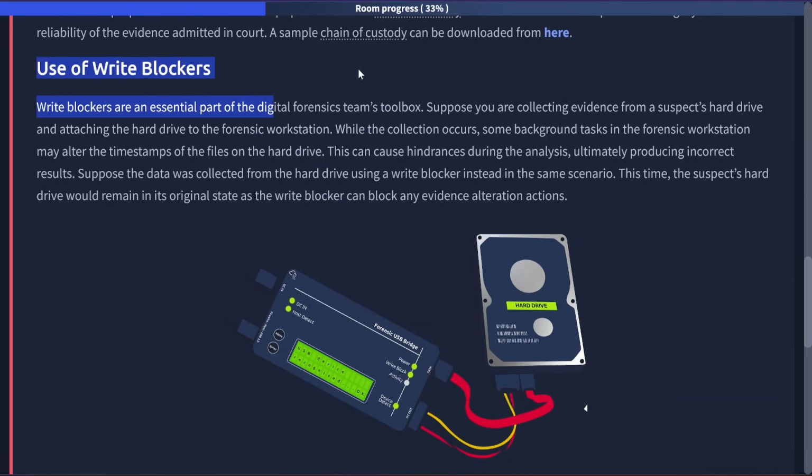Then the last thing they talk about here are write blockers, which are also really important. They can be physical and they can also be digital. I have only used physical write blockers, but I'm sure there are probably great digital ones. I'm not sure if physical ones are required for court, maybe for some reason, because when it comes to legal stuff, there are a lot of rules surrounding things. I've never done a full legal forensic for a murder or anything, so I'm not sure what they use.